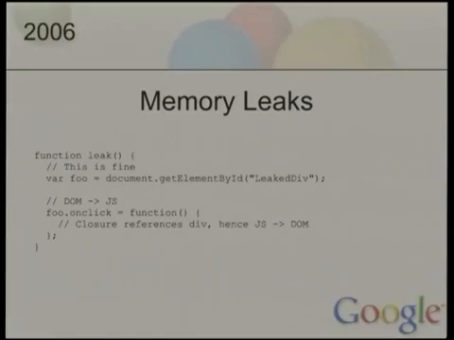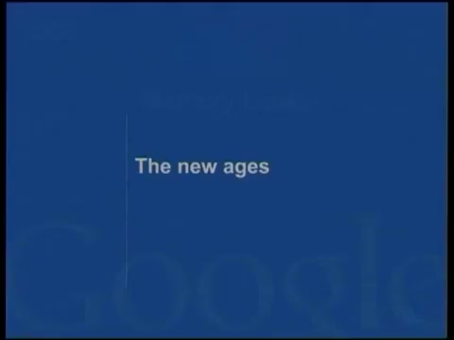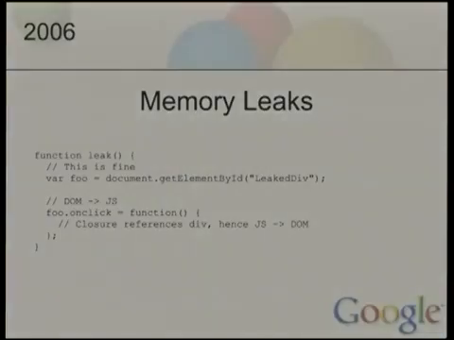The problem is, because of the nature of JavaScript closures, the function has an internal reference to foo. And as a result, it's got a reference to the DOM node. So all of a sudden, by virtue of the function closure, you've got a DOM node which is stuck inside the JS, which is in turn referencing JS. So all of a sudden you've got a loop. Oh, I didn't provide an example of that.